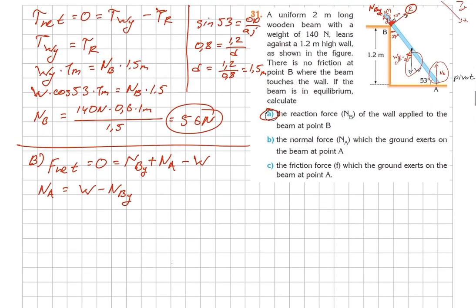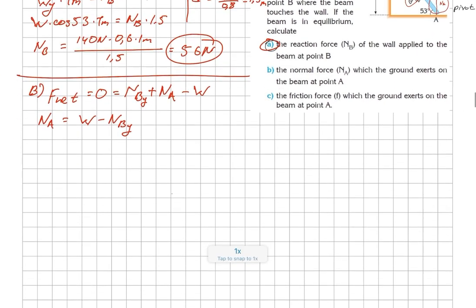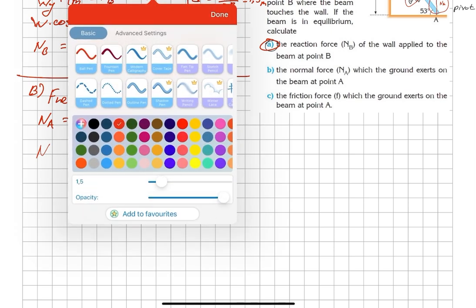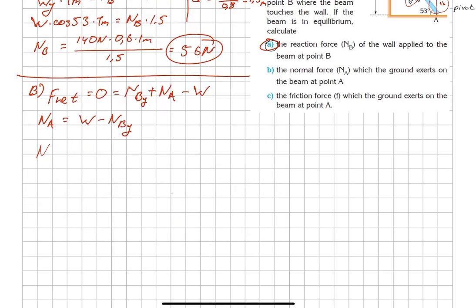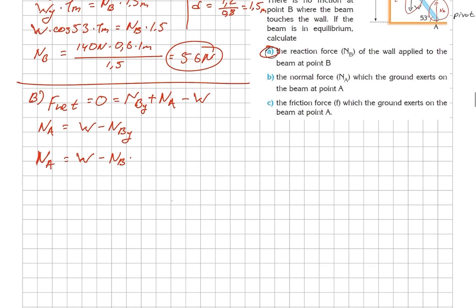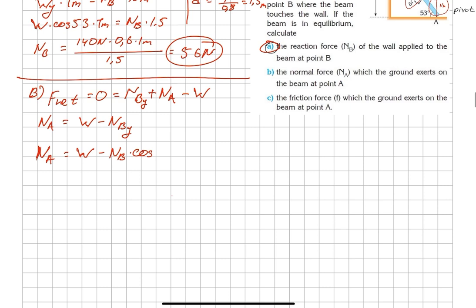So that means we can write it in this way. NA will be equal to weight minus NB itself times cosine of 53, because the angle is between these two vectors.